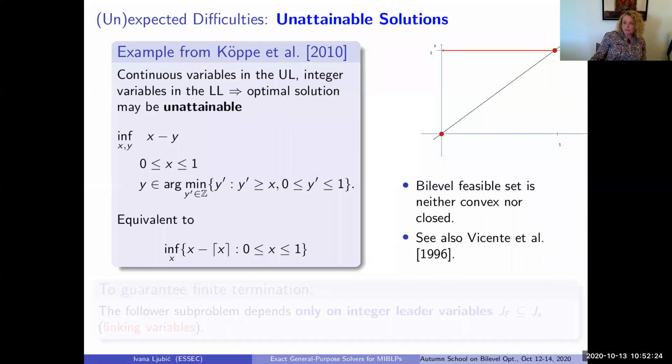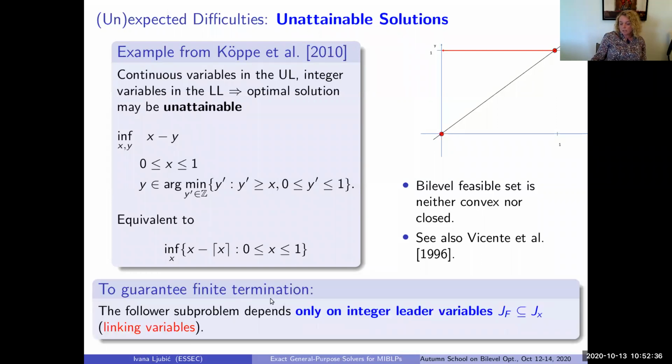And so this difficulty comes from the fact that continuous variables in the leader control the solutions of the follower. And so to guarantee the finite termination, unless we want to work on developing algorithms that guarantee only the epsilon convergence up to a certain precision epsilon.